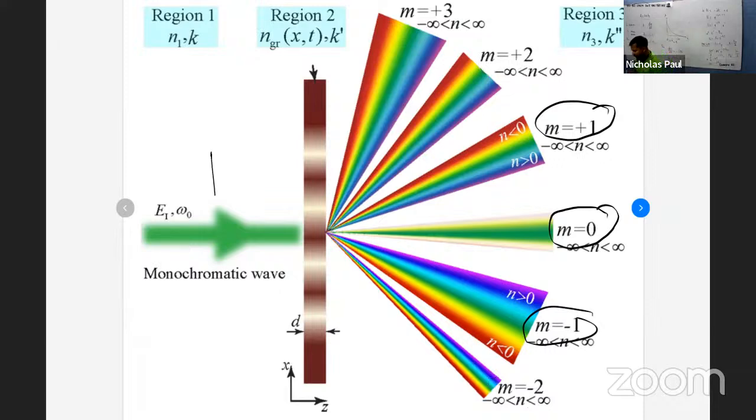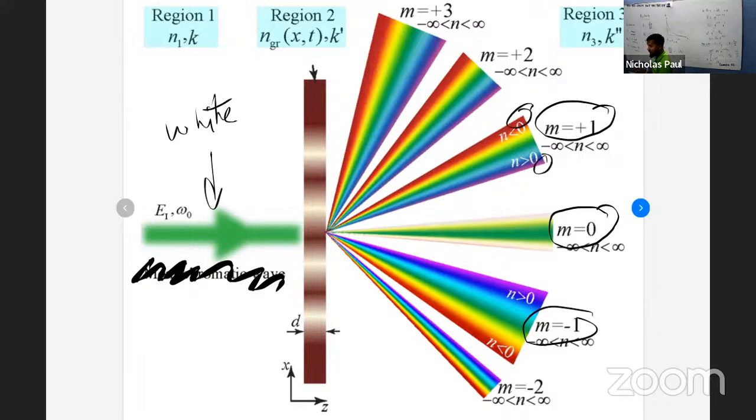In this case, it appears to be green light, but anyway, let's pretend it's white light. That white light was split up into all the colors.